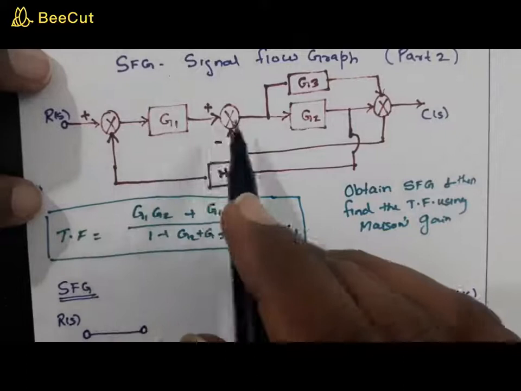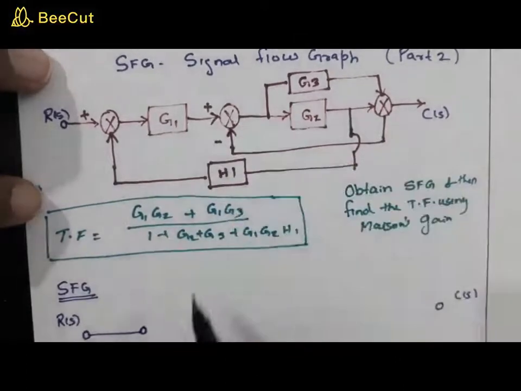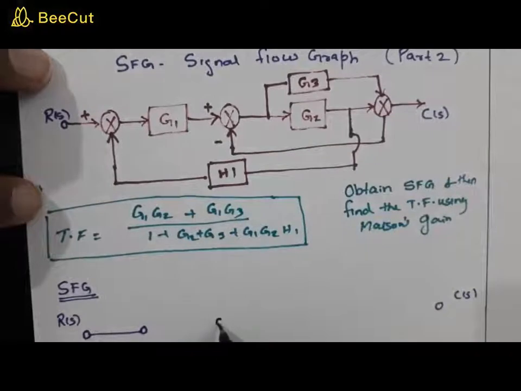Then you have a G1 between two summers. So you have another summer, which you can represent by another node, and draw a line connecting these two nodes, and over it you may write G1.